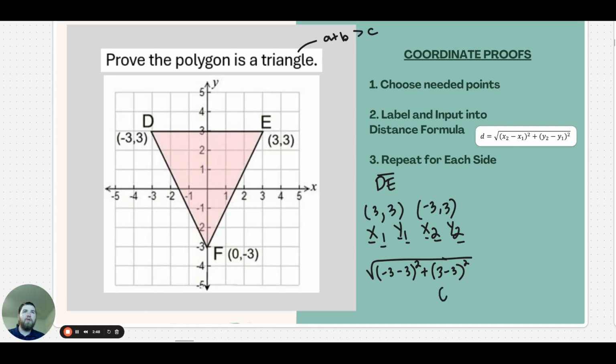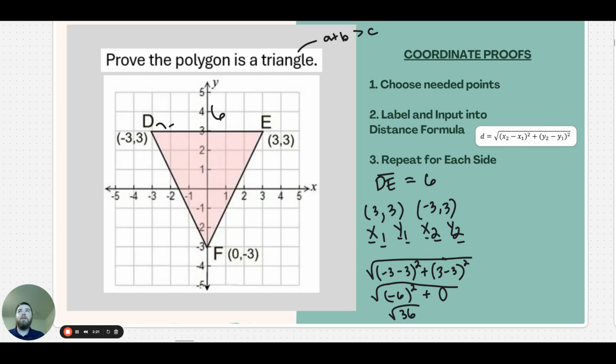And 3 minus 3 just comes out to be 0, and this, -3 minus 3, is -6. Well, (-6) squared is 36, and 36 plus 0 is just 36. So we get the square root of 36. If I plug that into my calculator, or if you know it, it's going to be 6. So I know that this length right here is 6.